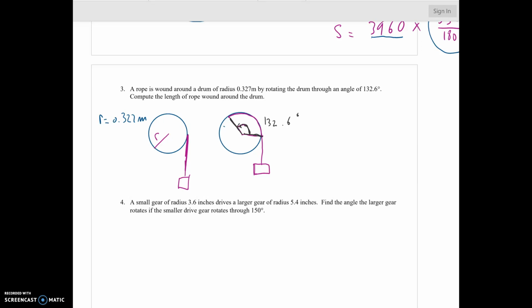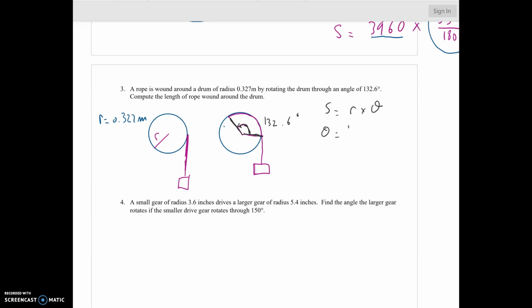Now, if I want to calculate the arc length of the drum defined by the angle of 132.6, what I need to do is S equals R multiplied by theta.